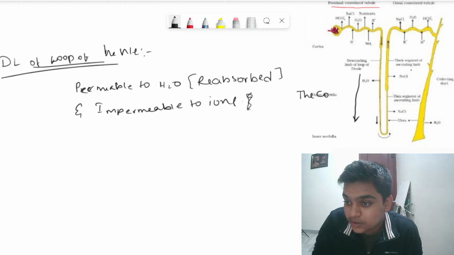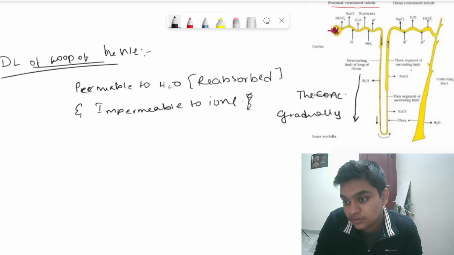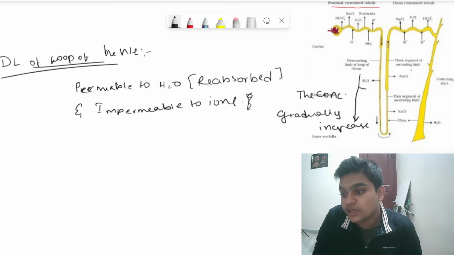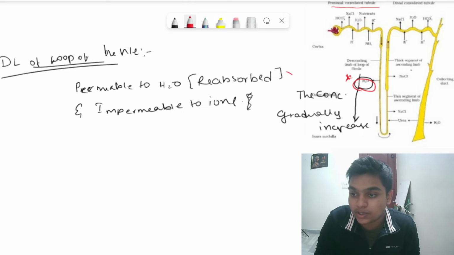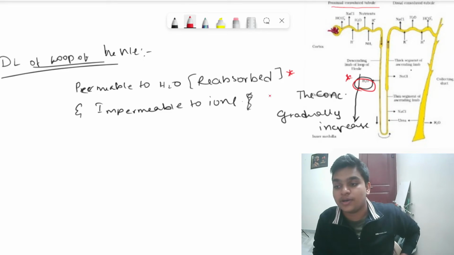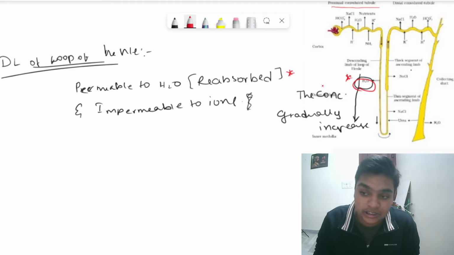Why? Water is being reabsorbed here. This is very important. What happens to the dilution? Dilution decreases.